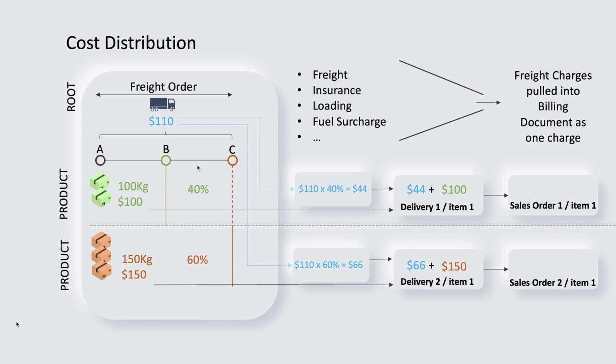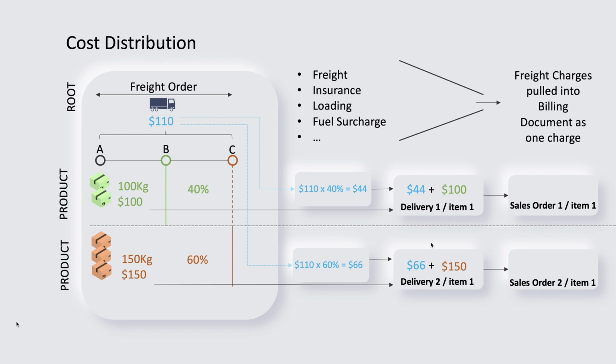Hence, 40% of those $110 should be pushed back to this sales order here. Similarly, we're doing the same thing for the second item, which accounts for 60% of the total weight that was transported. So 60% of the $110 should then also be apportioned back to this sales order here, which is the one linked to that particular product.